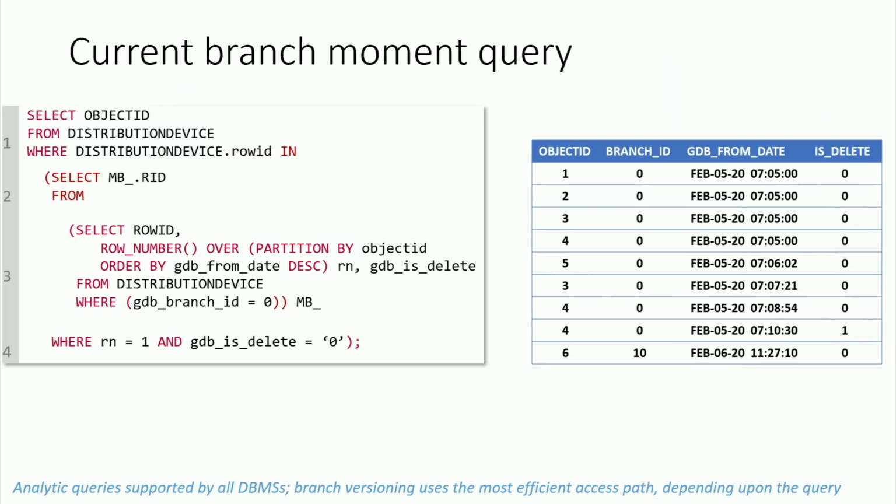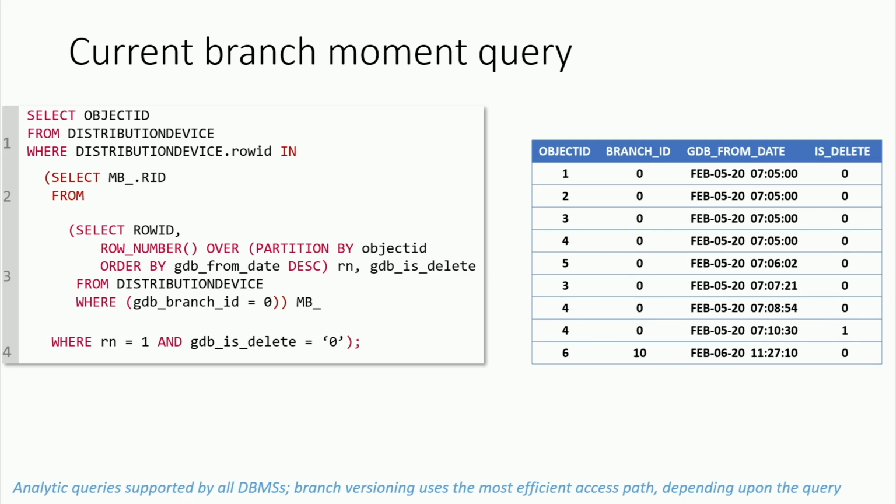Now, here's a query. Here's a representative query. A branch moment query on default. Okay? Let's talk through this. Now, this is, as I said before, not full details. We've removed some of the stuff that can get very confusing or is basically unimportant to understand how this system works.